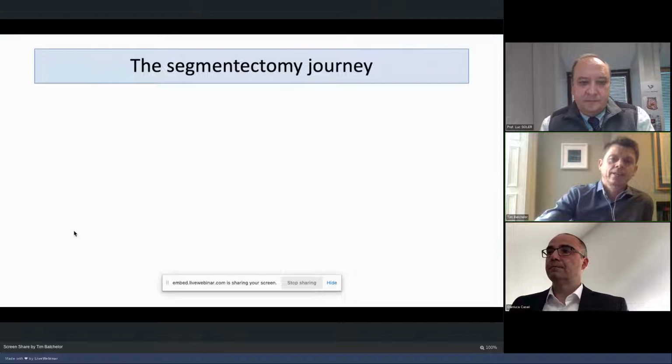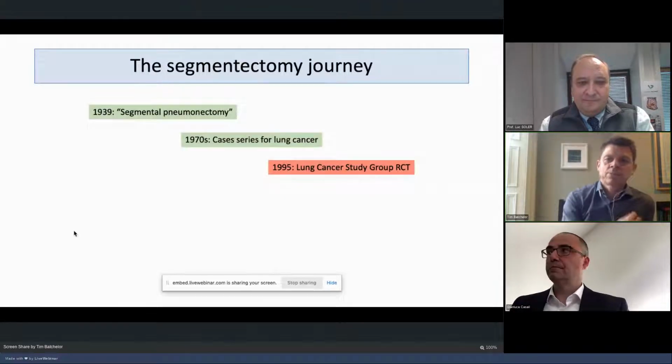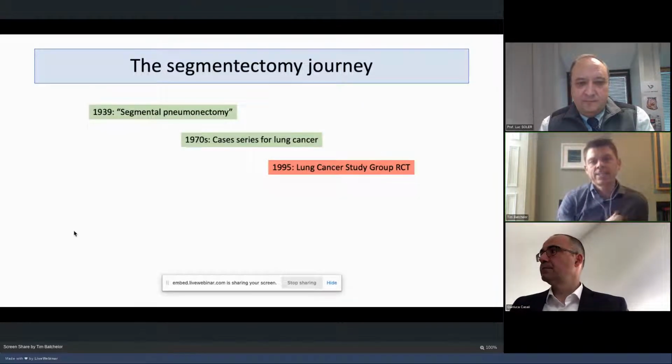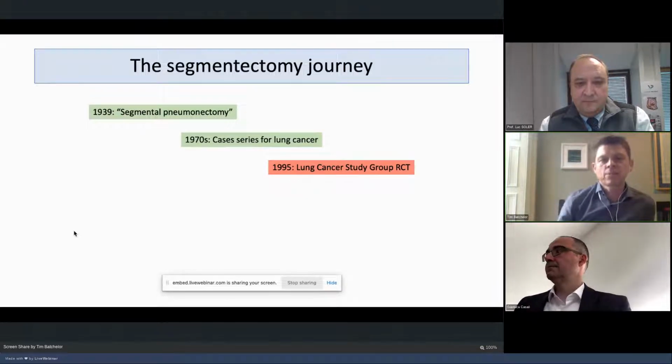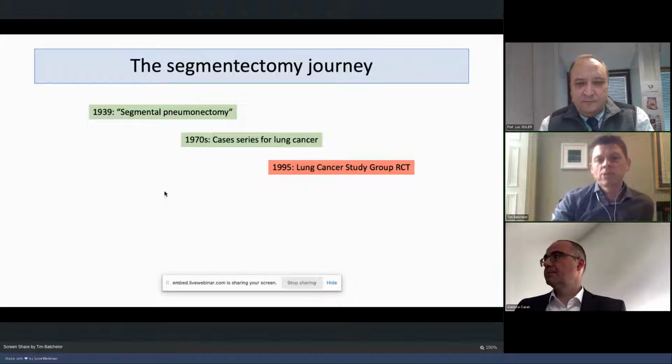Okay, then. So we've been on a bit of a journey with segmentectomy, haven't we? If we look back to 1939, Churchill and Belsey's first description of their segmental resection, then the popularization of the operation in the 1970s, and then in 1995, the Lung Cancer Study Group, which essentially stopped people from doing segmentectomy for a short period of time.